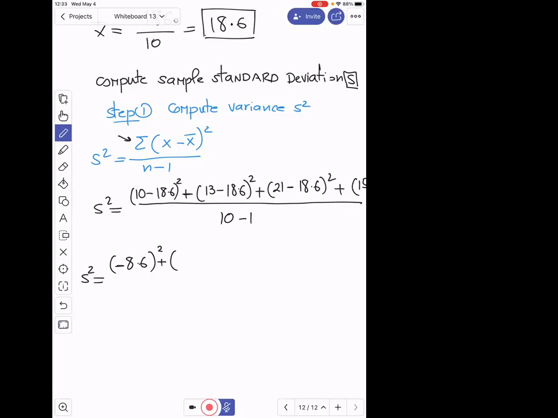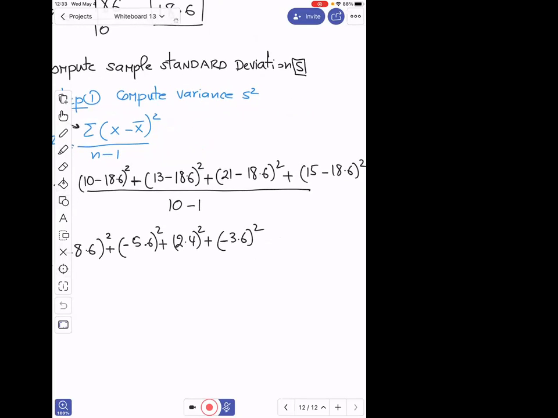Plus negative again, 5.6 square plus this is 2.4 square plus next value, it's 15, so it's negative 3.6 square plus next value after 15, we have 23.